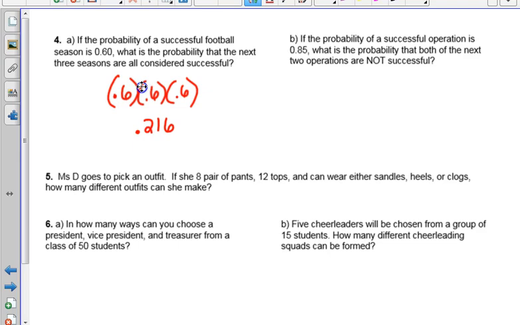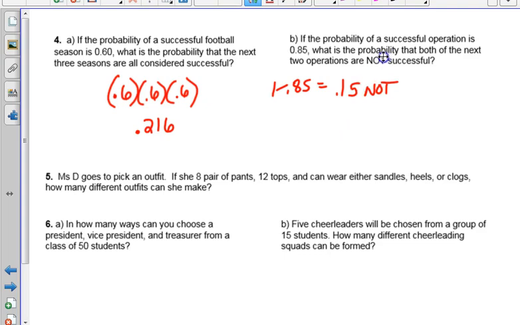This, I think it's a surgery question on your quiz, that is independent, right? Because it's a whole new patient. Okay, so if they've figured out the probability of success is 0.85, what is the probability that both of the next 2 operations are not successful? 0.15 would be not successful, right?